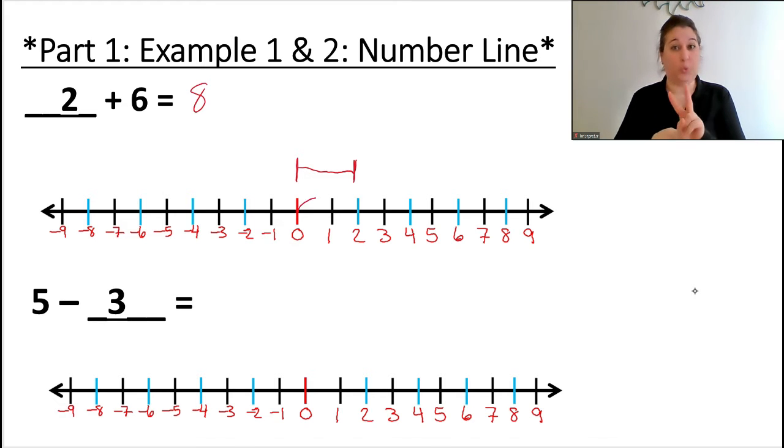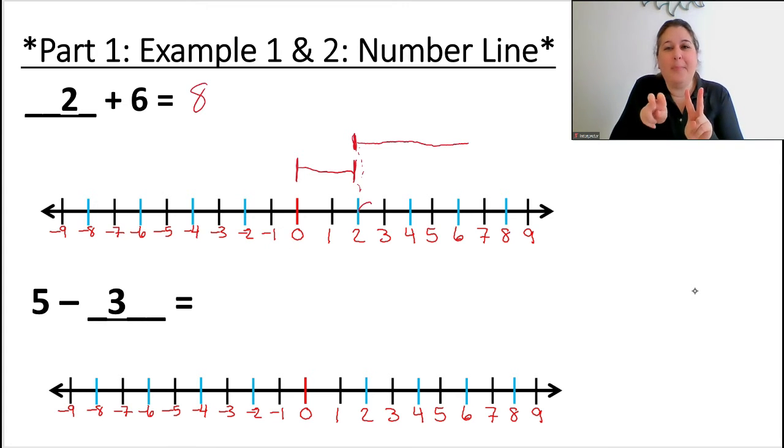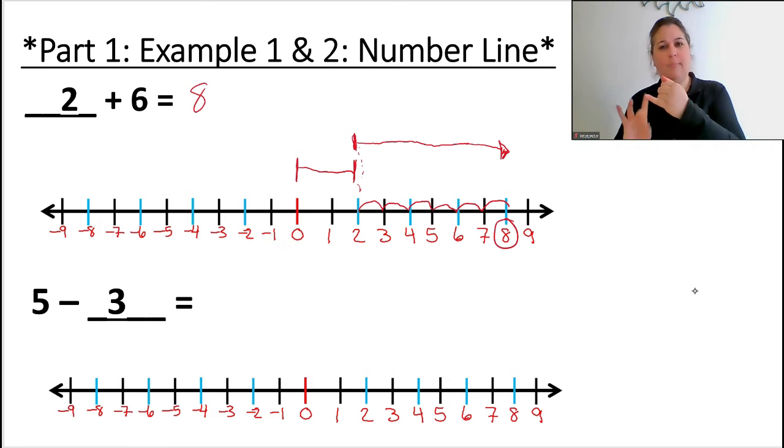If you want to look at it, it's 1, 2 jumps. Then from 2, I'm going to add 6. It's kind of hard for me to determine how much 6 is, so I'm just going to go straight down here and do little jumps. 1, 2, 3, 4, 5, 6. And this is where we're going to stop. So that proves that we land at 8.